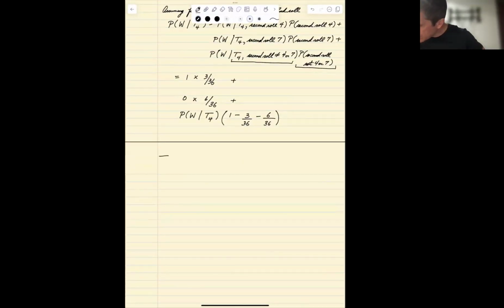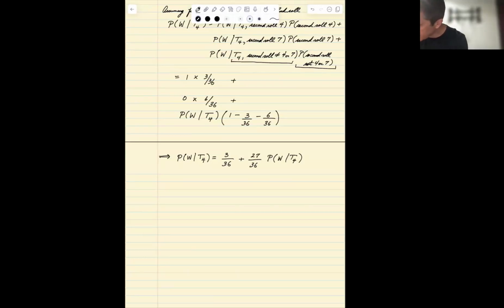The probability of winning given T4 is equal to 3/36 plus 1 minus 9/36, so 27/36, times the probability of W given T4. So we have one equation, one unknown. So we solve.